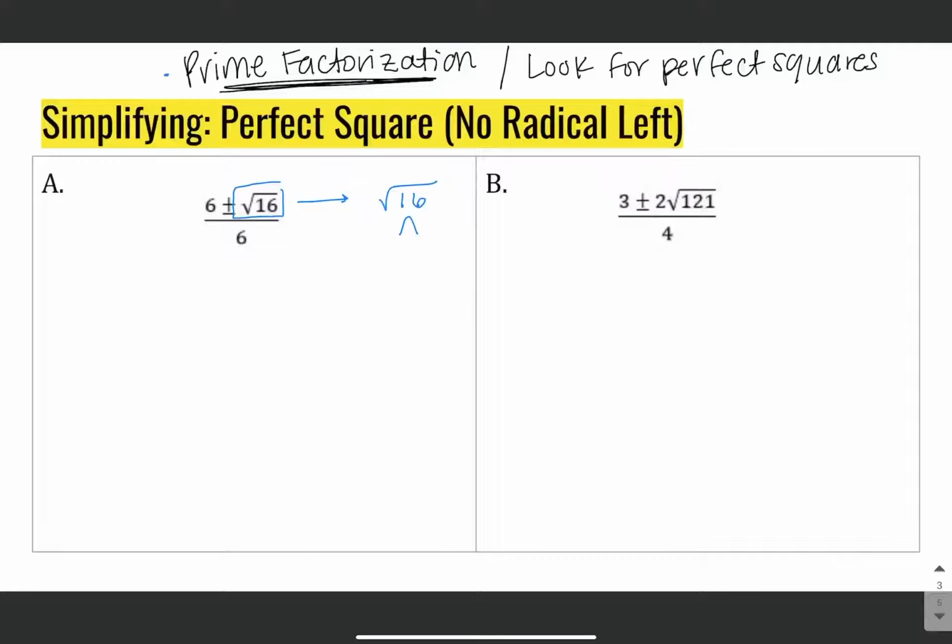So I can divide 16 into 2 and 8. Now I'm going to circle 2 because 2 is prime. I can't break down 2 any further besides 1 and itself. 8, though, is not prime. I can break that down into 2 and 4. I'm going to cross out 8 since we broke it down.